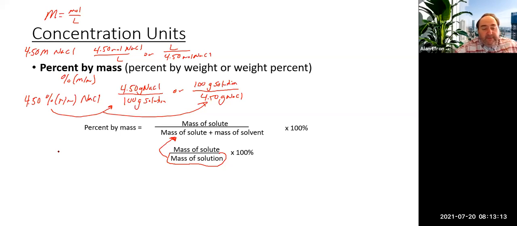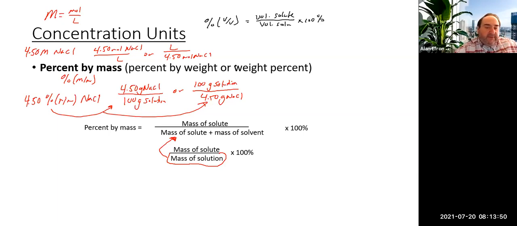There are actually some other percent units that we sometimes come across, and they work the same way. So we have percent mass to mass. We also have percent volume to volume, which means the volume of solute divided by the volume of solution times 100%.